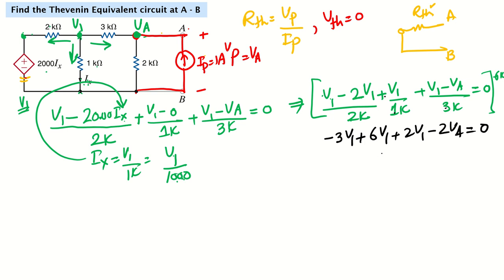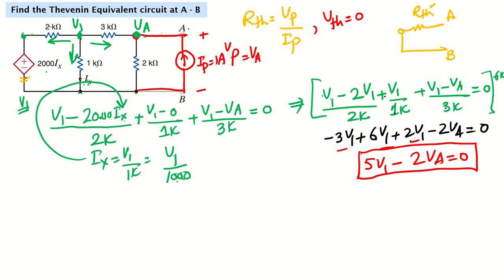I'm just rearranging the equations. So 2 plus 6, 8, then minus 3, so 8 minus 3, 5. So basically 5V1 minus 2 times VA is equal to 0. This is the simplified nodal equation for this.